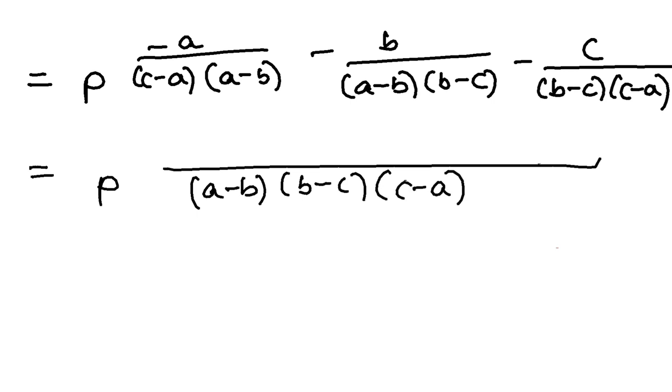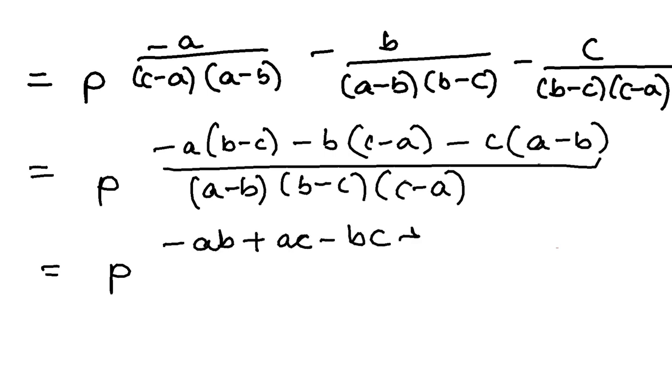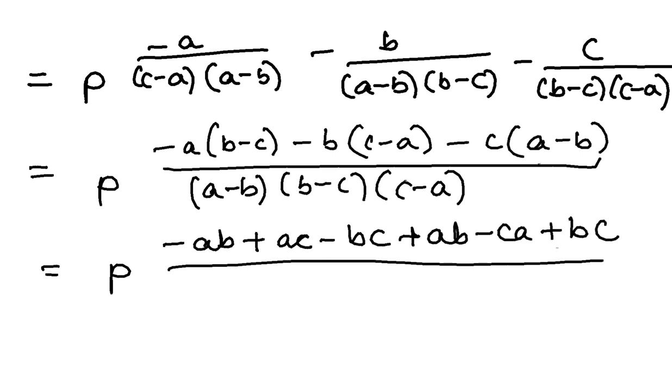So c minus a and a minus b get cancelled, so b minus c remains, so minus a into b minus c, minus b into c minus a, minus c into a minus b. So this is now p to the power of minus ab plus ac minus bc plus ab minus ca plus bc, all over a minus b, b minus c and c minus a.